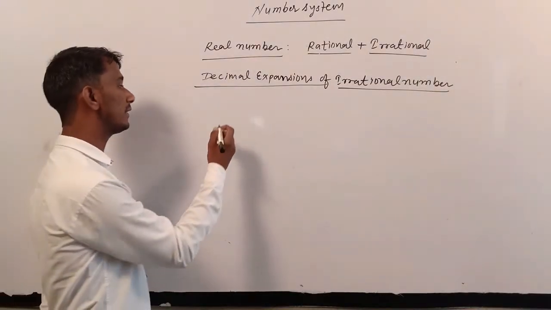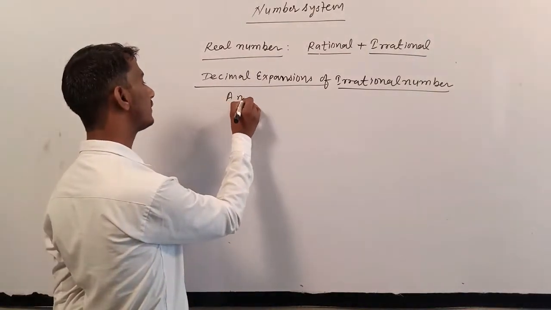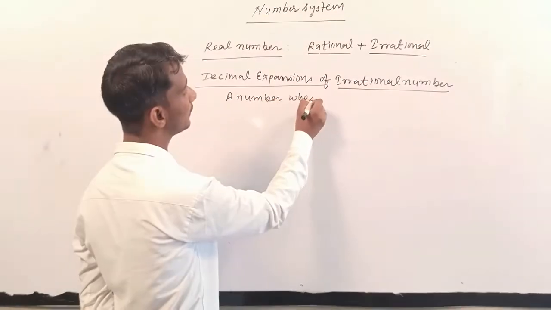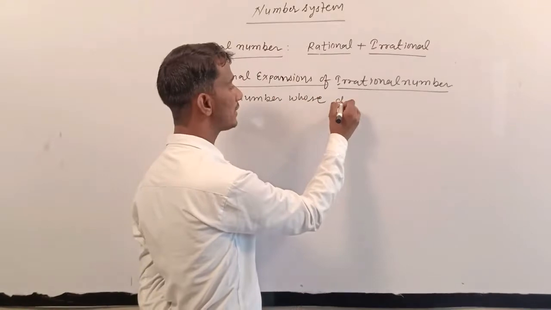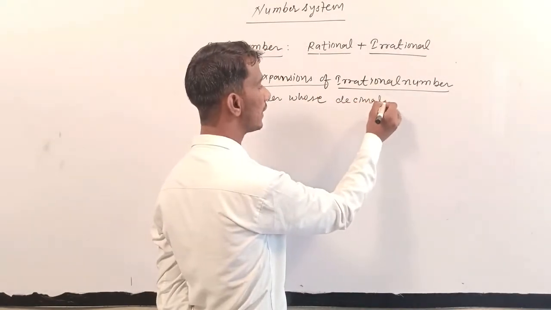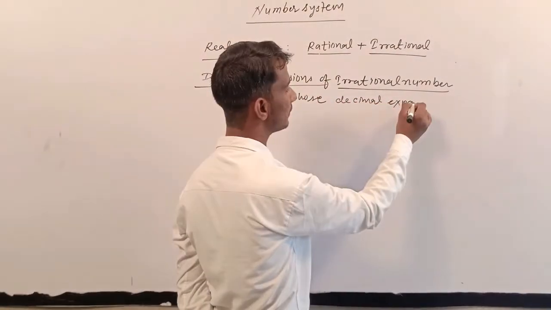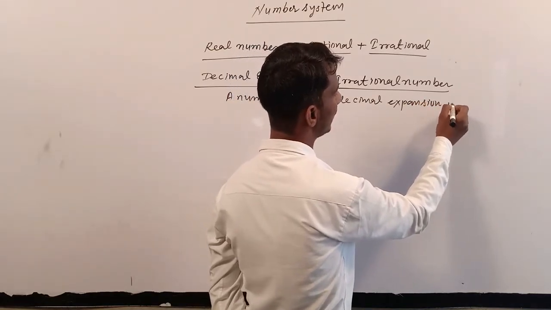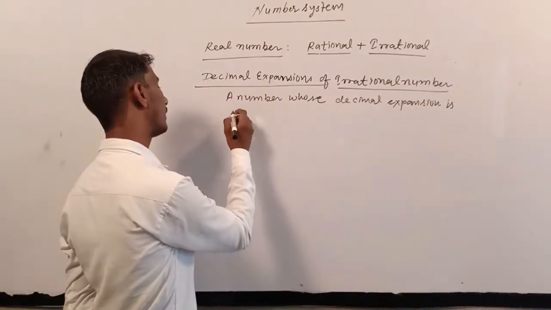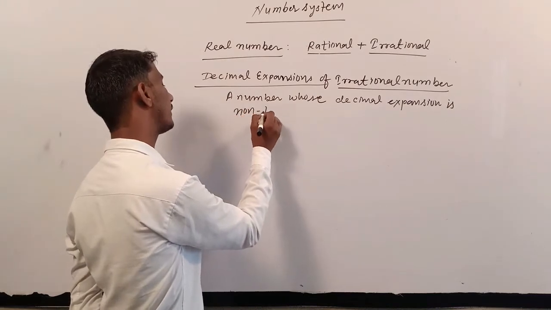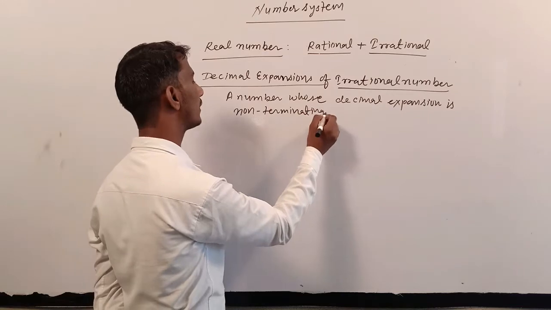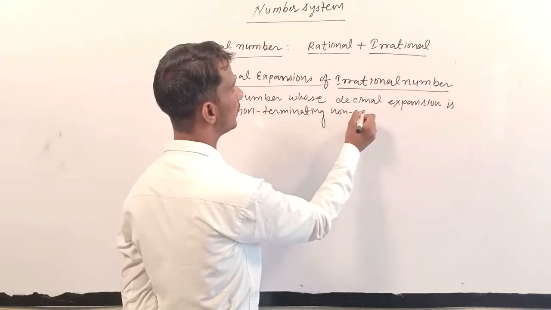We can write: a number whose decimal expansion is non-terminating, non-repeating.